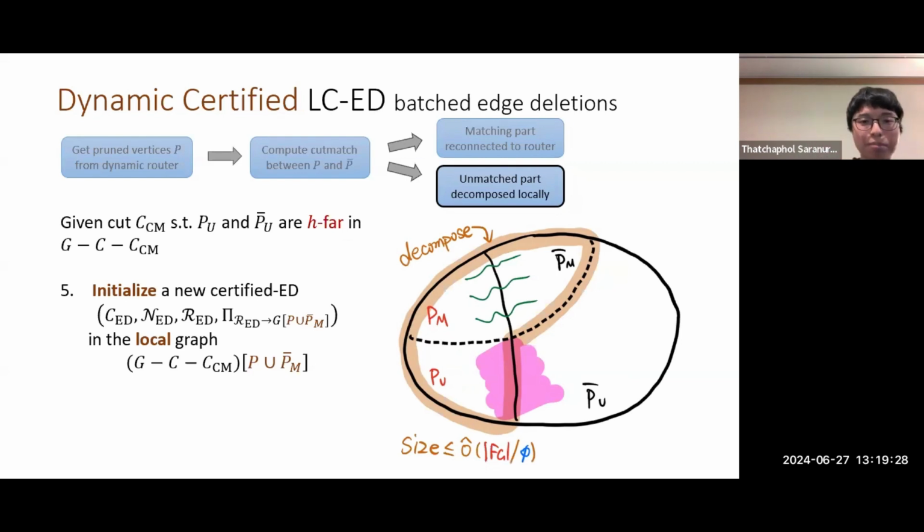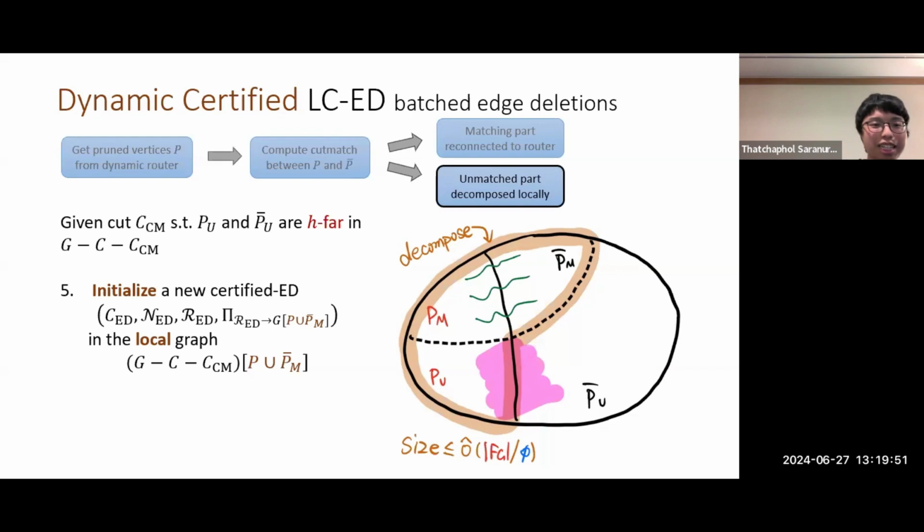What do I mean by decomposing the unmatched part locally? Here I define the local graph to be the vertex-induced graph induced by the vertex set P and the union of the matching part of P-bar, like the brown area in these figures.